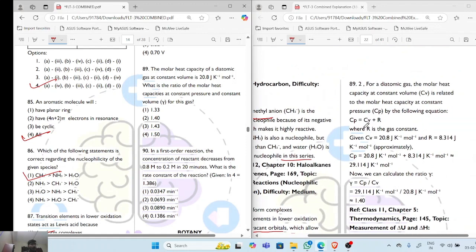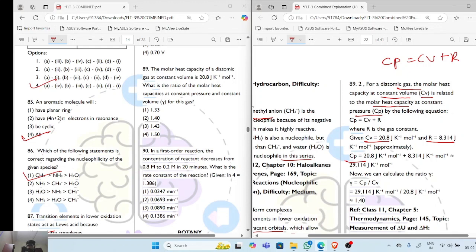Now comes to question number 89. The molar heat capacity of a diatomic gas at constant volume is 20.8 joule per Kelvin per mole. What is the ratio of molar heat capacity at constant pressure and constant volume, gamma, for this gas? For a diatomic gas, the molar heat capacity at constant volume, Cv, is related to the molar heat capacity at constant pressure, Cp, by Cp equals Cv plus R. The value of Cv is given and we know the universal gas constant R, so we can directly calculate Cp.